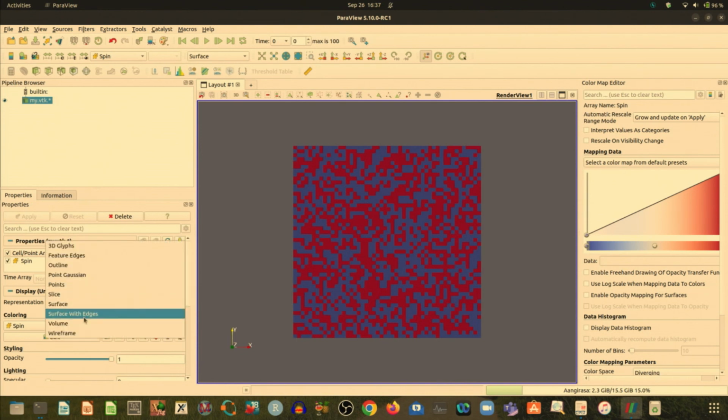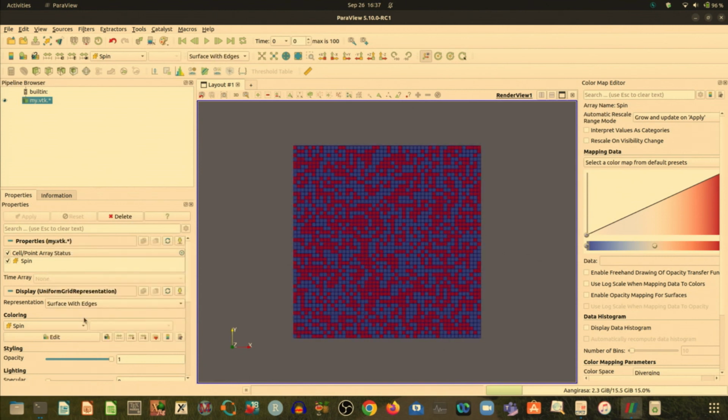Let me do surface with edges this time, and I run and you will see what is happening, and that is very interesting. Remember, red is like an atom and blue is like a vacancy in this model that we have.